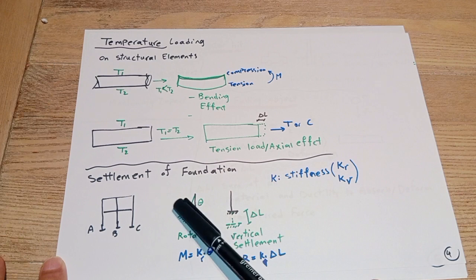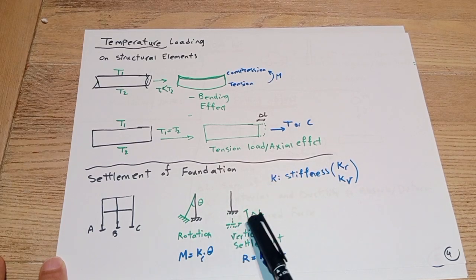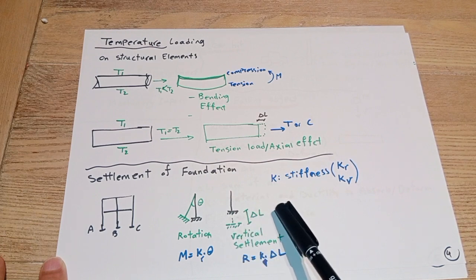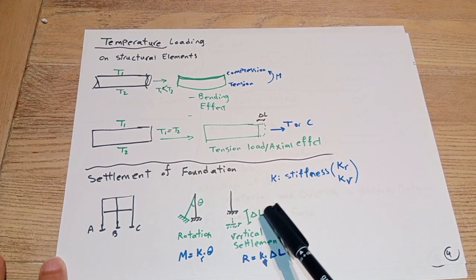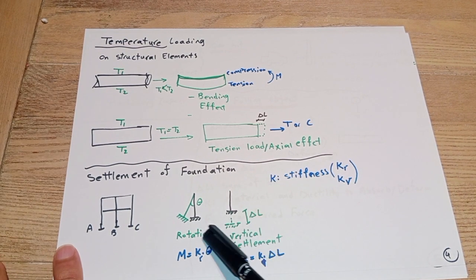Theta is the angle between the initial and the later position. Same for vertical or horizontal settlement. The reaction on the foundation will be KV times delta. Delta is the settlement, generally in millimeters, and K is a function of the soil and the structure type.